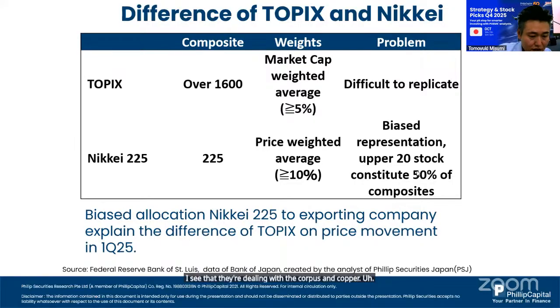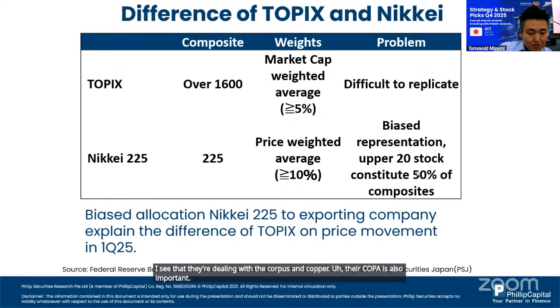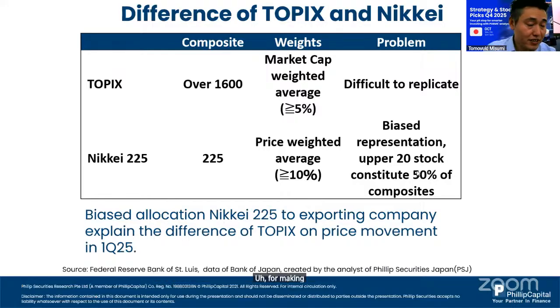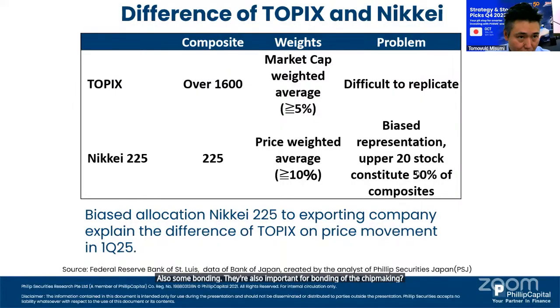Copper is important for making substrates in chip making, and also for bonding in chip making. It is also an important material for system on chip in advanced computing. Thanks so much for asking.